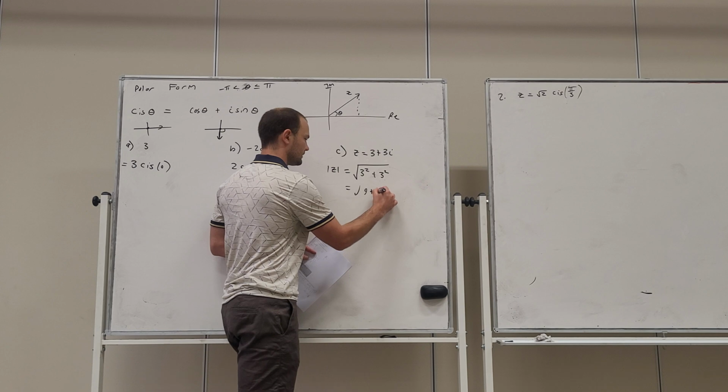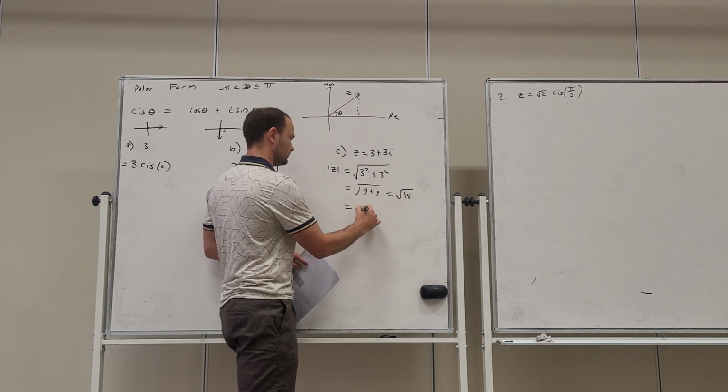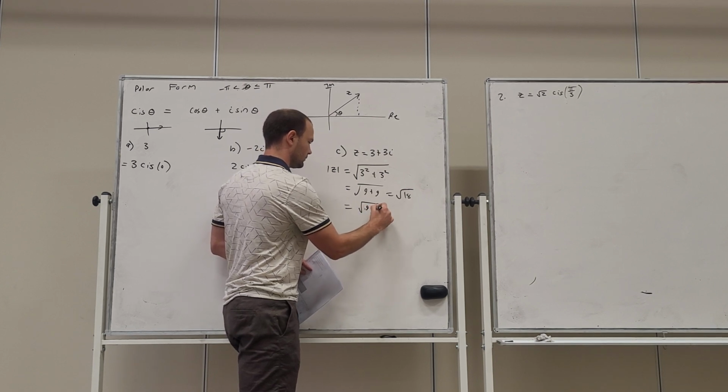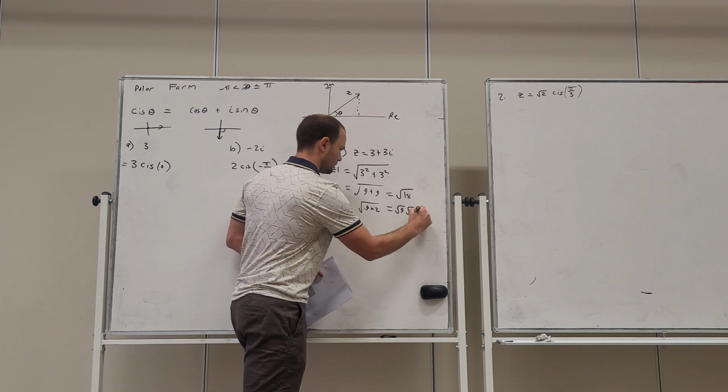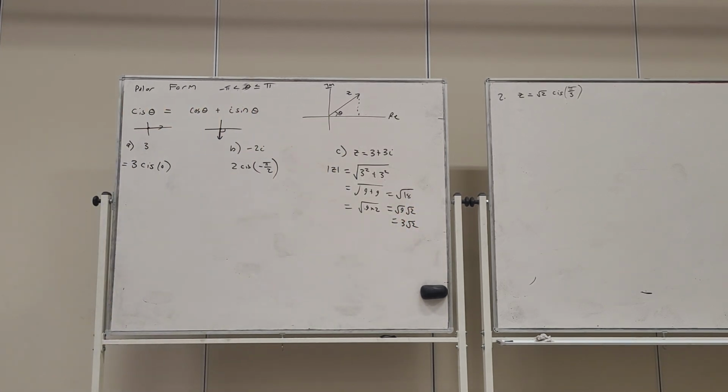We'll simplify this. Okay, so we're recapping a few surds now. 3 root 2 is the modulus.